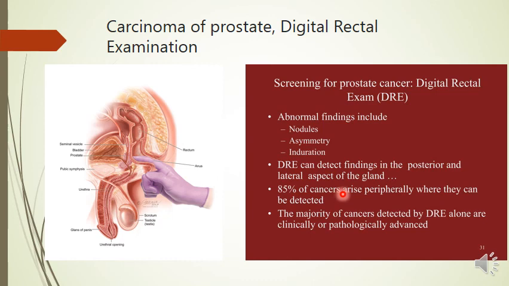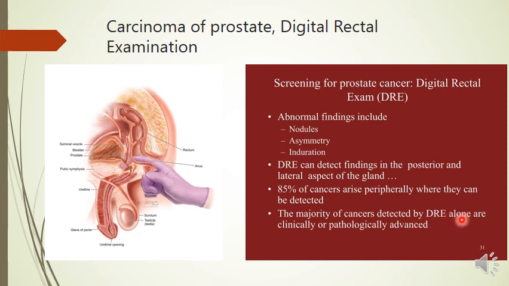85% of the cancers arise peripherally, where they can be detected, right? So through this DRE, you can see a change like a nodular pattern or asymmetry when you feel the prostate through the rectum, and the majority of cancers are detected by DRE alone.